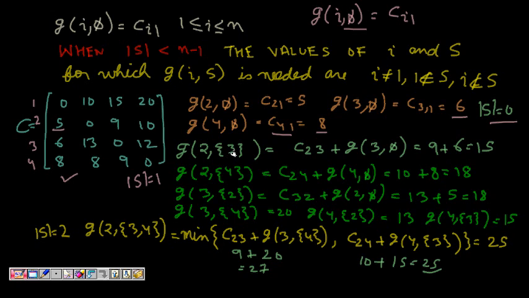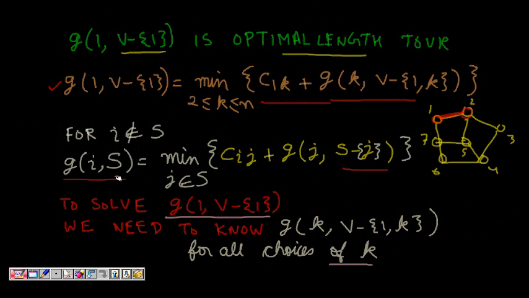So G(2, {3}): now let's see the formula. G(i, S) is the minimum of C(i,j) plus G(j, S minus j). So S is the set of all vertices and I subtract j from that.